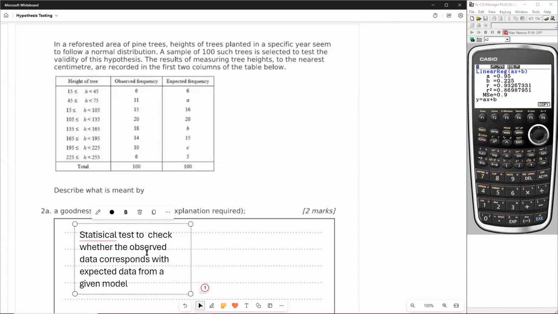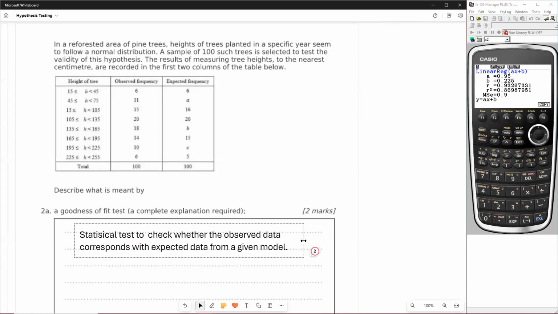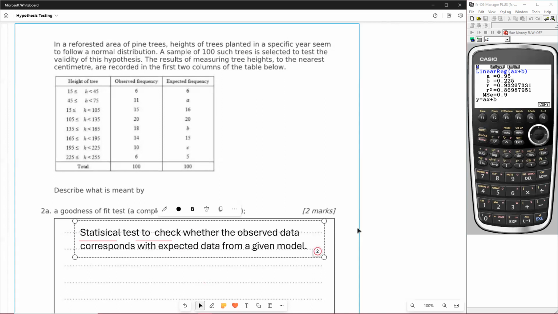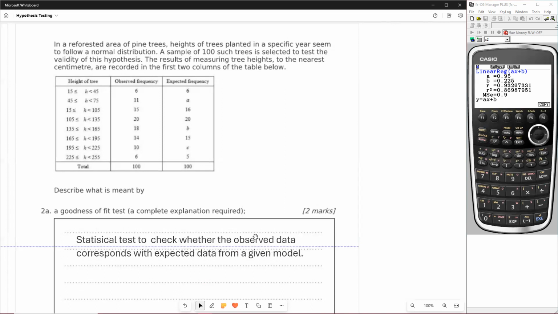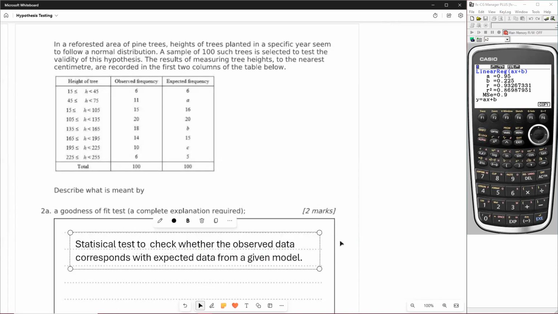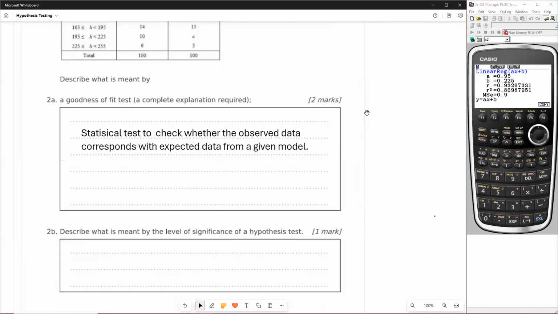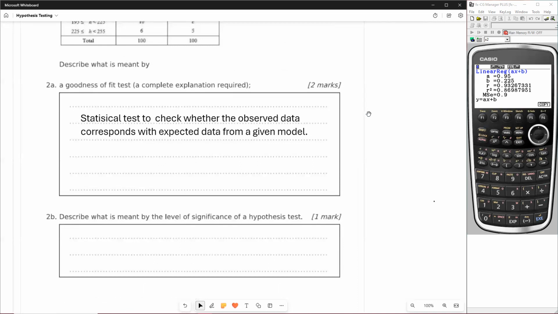It's not always going to be a normal distribution, it could also be a binomial distribution. So it's just to check if your data corresponds to a specific given model. But yeah, that is why we do a goodness of fit test.